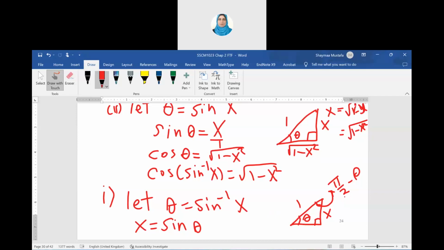If I need to calculate cos of pi over 2 minus theta, it is equal to what?